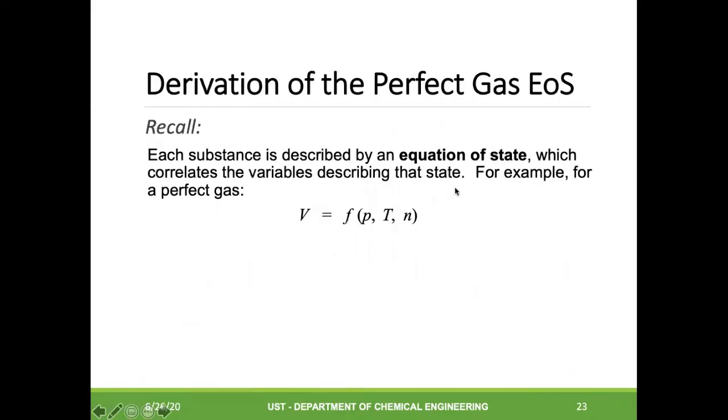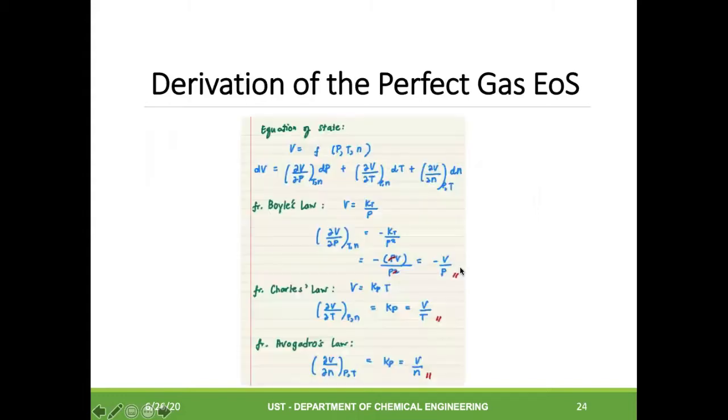Now, each substance is described by an equation of state, which correlates the variables describing that state. For example, for a perfect gas, volume is a function of pressure, temperature, and the number of moles.